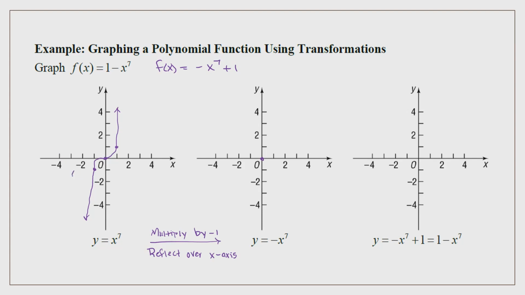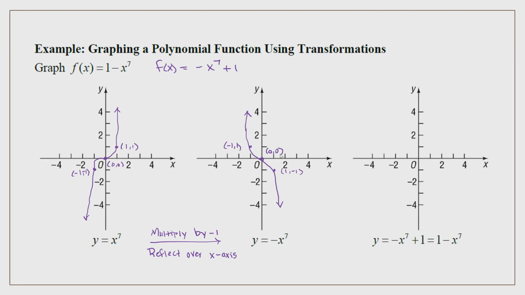Our point (-1, -1), if I reflect it over, is now going to be (-1, 1). And then my point (1, 1) is going to be now (1, -1). Now my graph looks something like this. There we go, that one's a little better. And this is the origin.